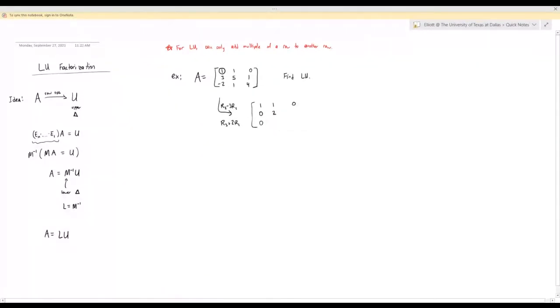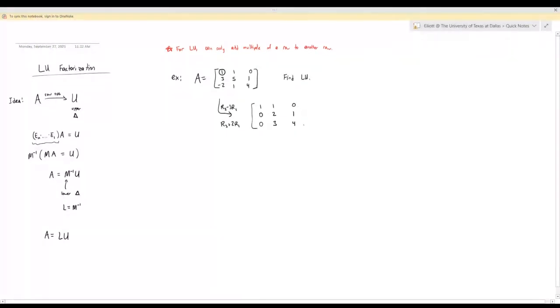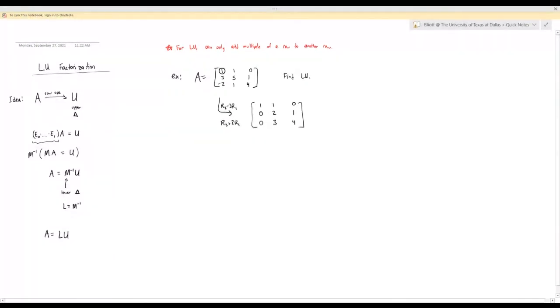This would be 5 minus 3, 1 minus 0, 1 plus 2 will be 3. And then here, 4 plus 0, so it'll be 4. Okay.